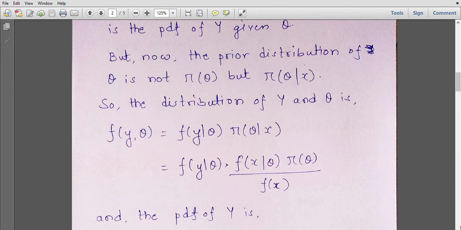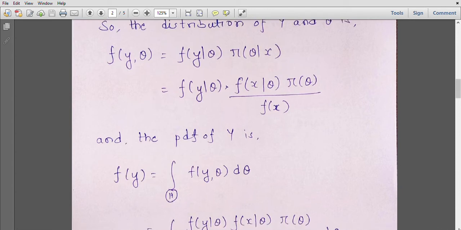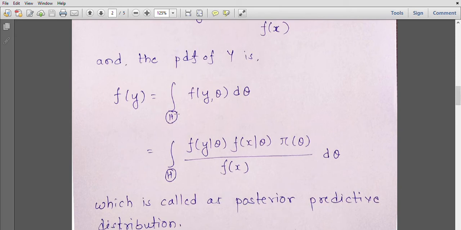So the marginal distribution of y then will be, now integrate out theta from this joint distribution of y and theta to get the marginal distribution of y. So clearly this is not same as the marginal distribution of x. In fact, the probabilities would have changed. So this distribution is called as posterior predictive distribution.